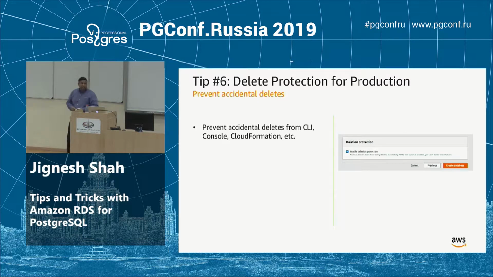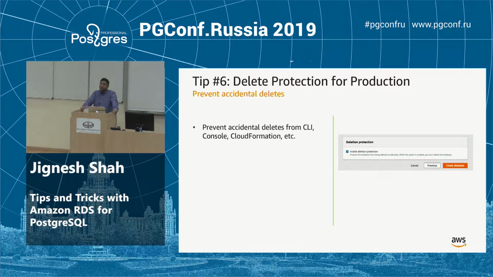Another feature, and I think this was introduced as a lot of people started using CloudFormation and other things: we have a new feature enabled very recently so that if you mark a database as delete protected, it will reject delete requests coming from the CLI.